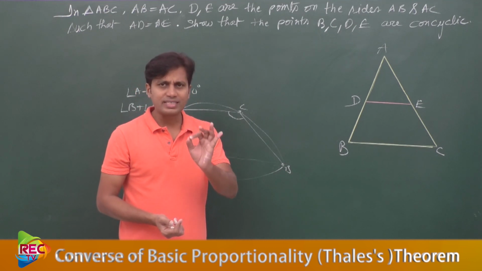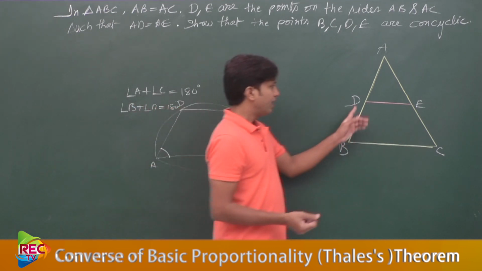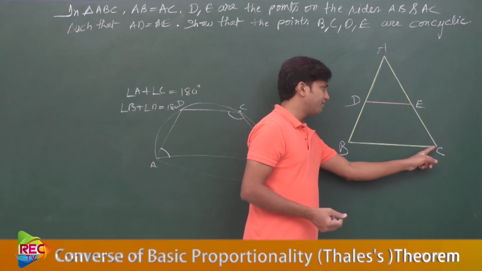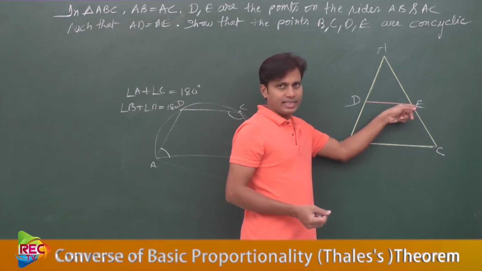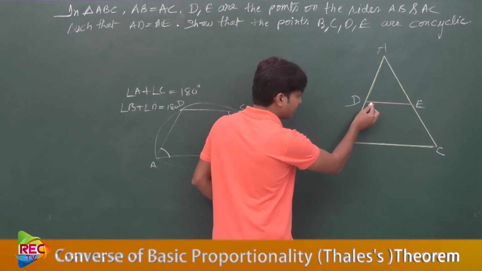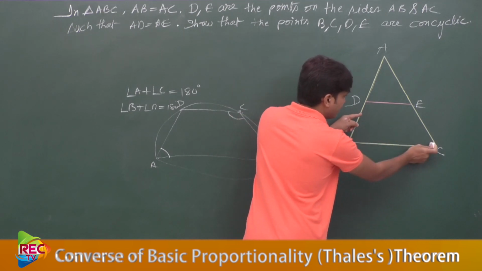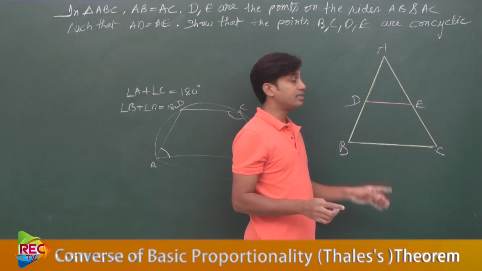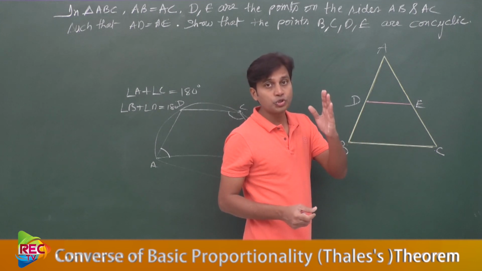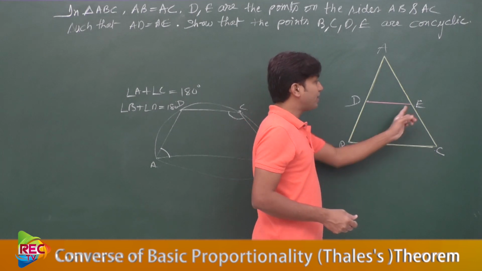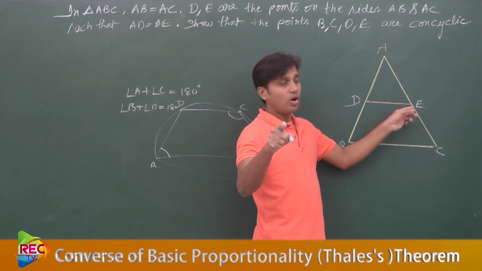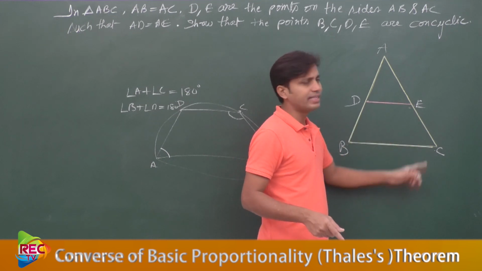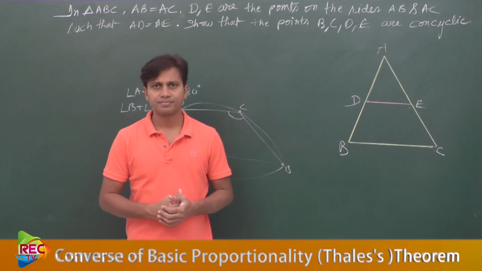So here it is sufficient to show that angle C plus angle D, or angle B plus angle E. If you consider B, C, E, D as a quadrilateral, yes, it is sufficient to show that angle B plus angle E is equal to 180 degrees, or else you can take angle C plus angle D equal to 180 degrees.